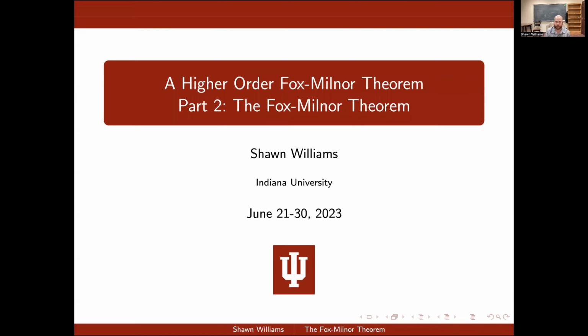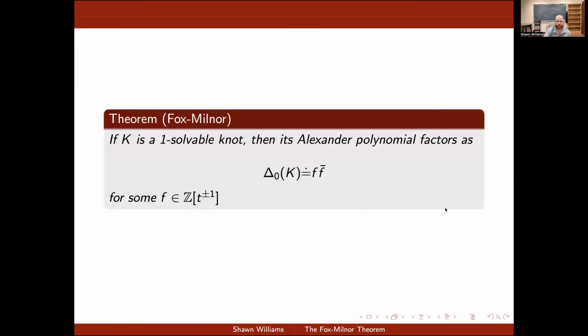To get us started, I'm going to remind us of the classical Fox-Milnor theorem, and I've changed this up just a little bit. In the previous video, I said if K is a slice knot, and then said more generally, if K is 0.5 solvable, this theorem holds. But here I'm stating this as if K is one solvable, then its Alexander polynomial factors as f times f bar.